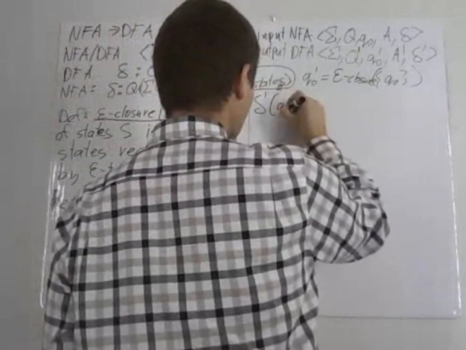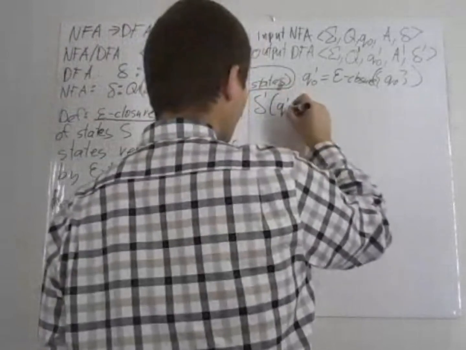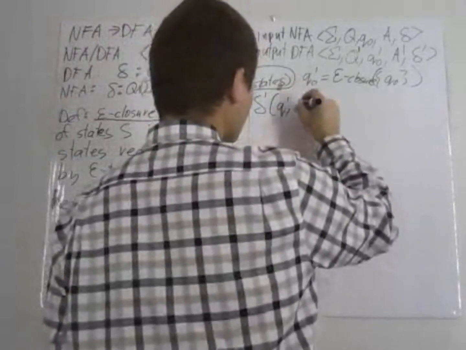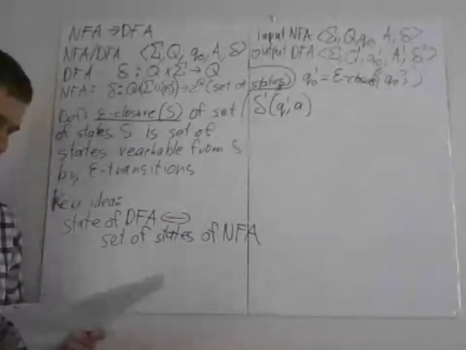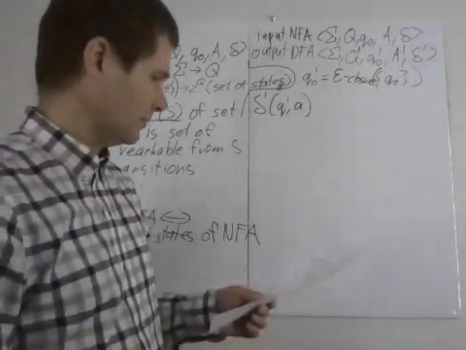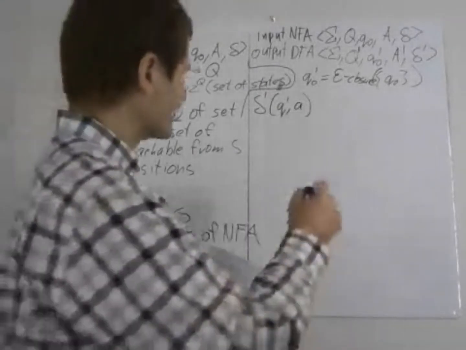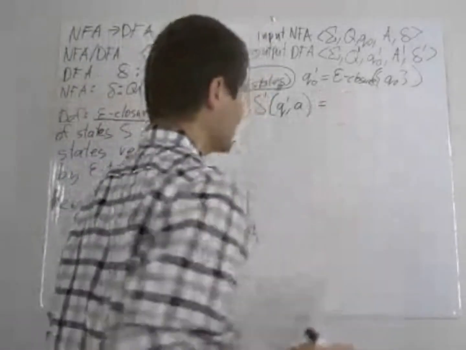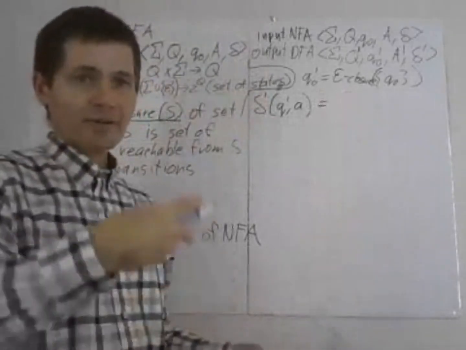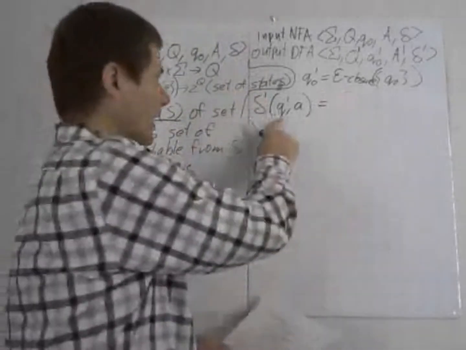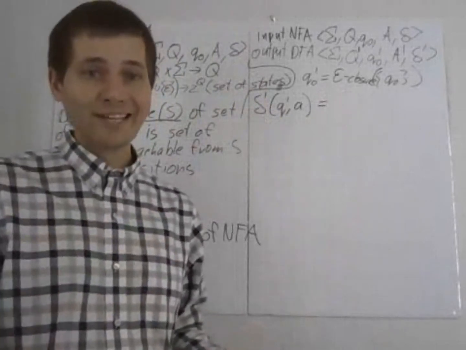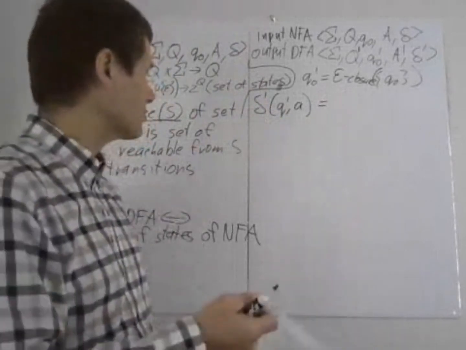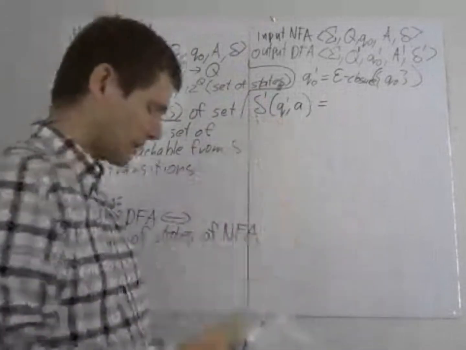Its input is a DFA state and an alphabet symbol, right? So Q prime and A. And here, Q prime is a representation of a set of NFA states.